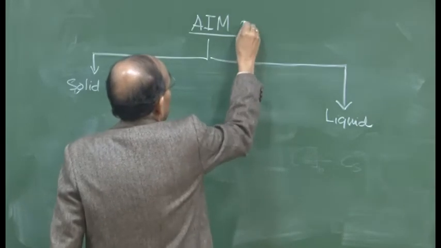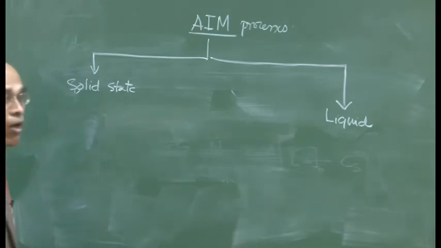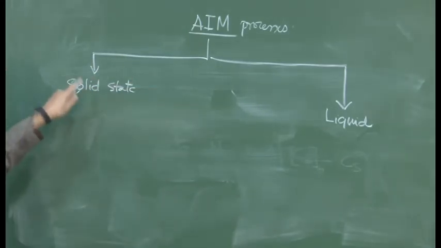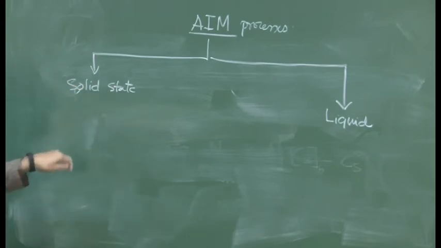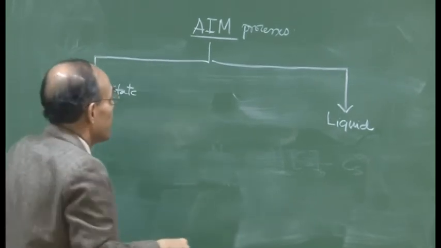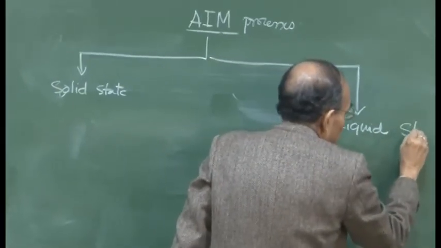Alternative iron making processes produce iron in the solid state. That is how you should read it, otherwise the arrows will not mean anything. Alternative iron making processes also produce iron in the liquid state.